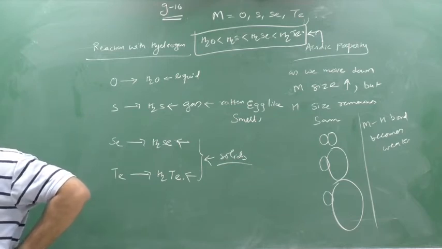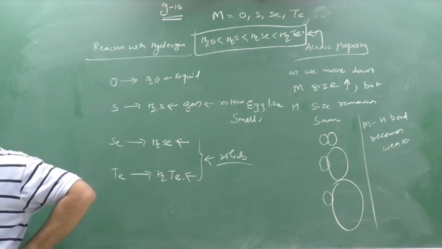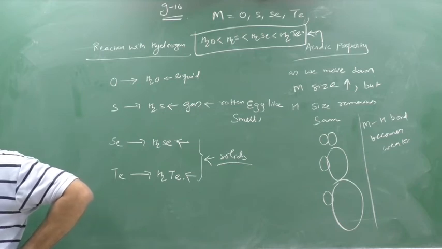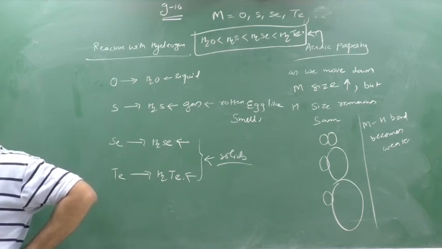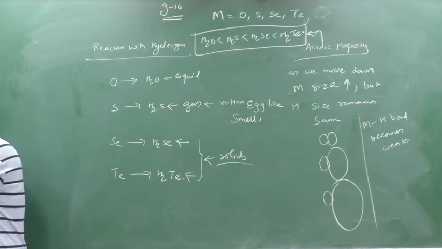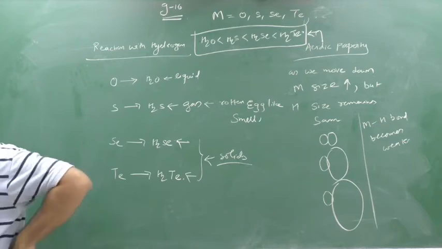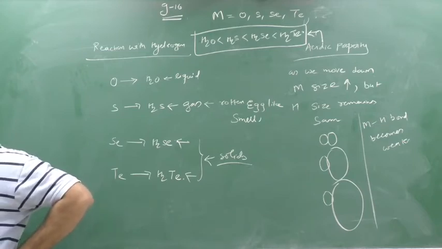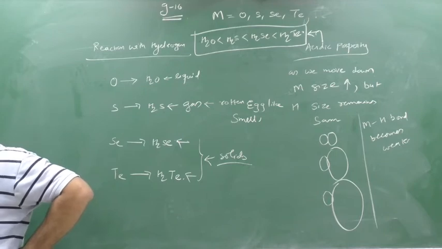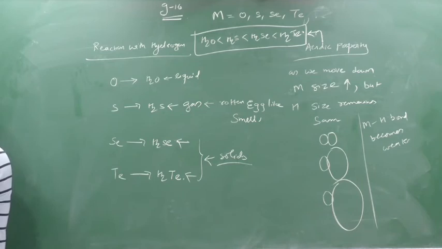Write down: moving downside the group, positive oxidation state goes on increasing. Hence, their metallic property also goes on increasing.